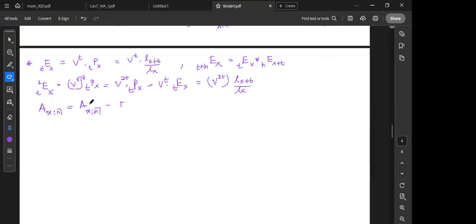The endowment is term plus the pure endowment, which is the same as this. So those are the possible notations you can see.